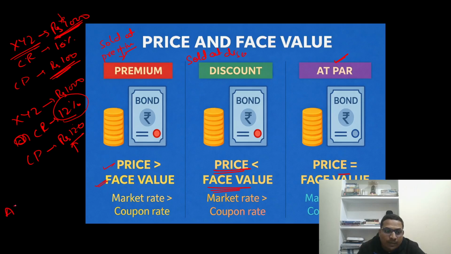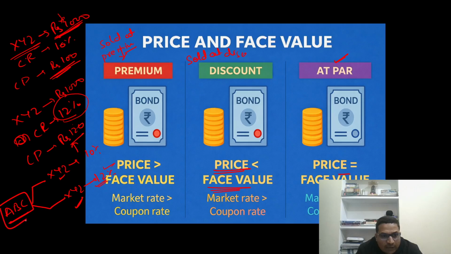So if some ABC investor comes and sees two bonds of XYZ at two different interest rates, one is 10% and another is 12%. This is a new bond, this is the old bond. So ABC will buy the new bond at the given price, that is rupees 1,000 only.